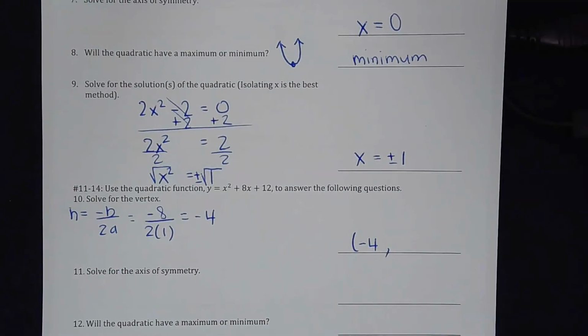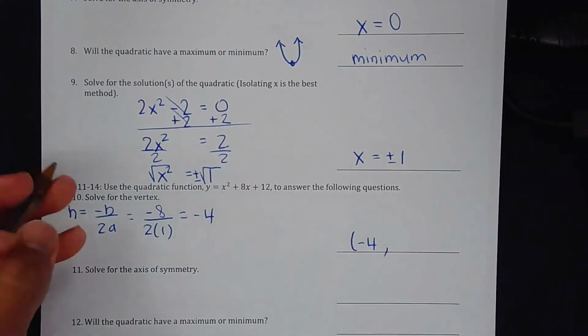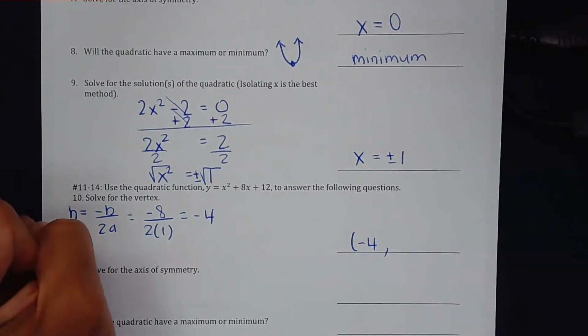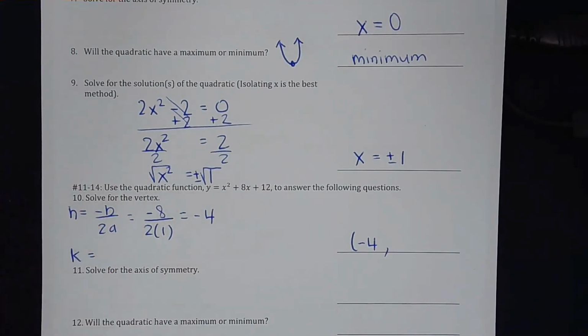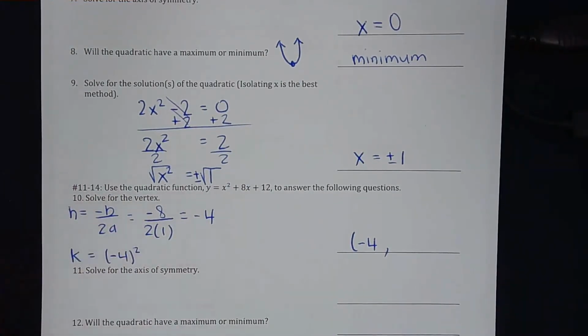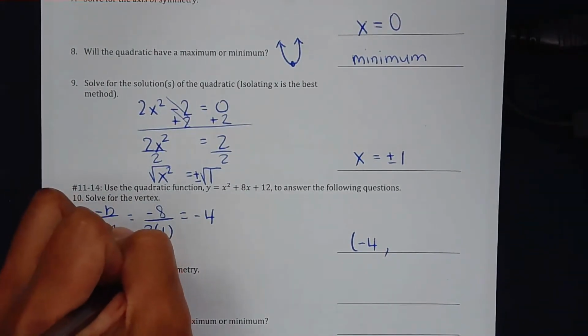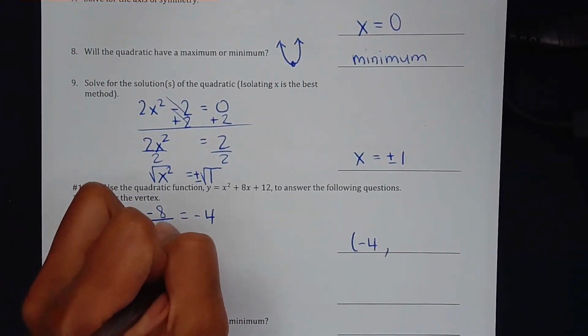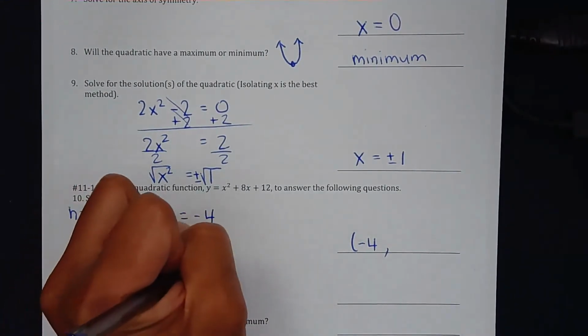And then our y-coordinate, or our k, you can think of it. We plug in negative 4 into wherever we see x. Negative 4 squared plus 8 times negative 4 plus 12.